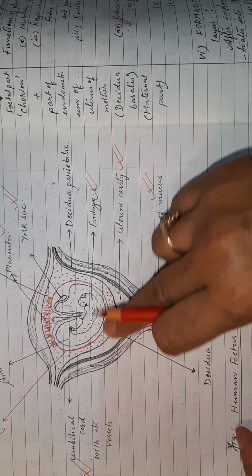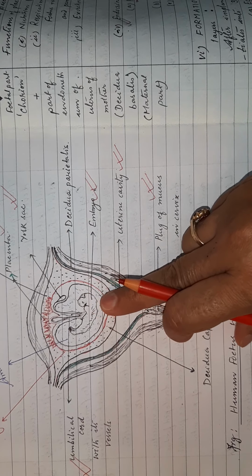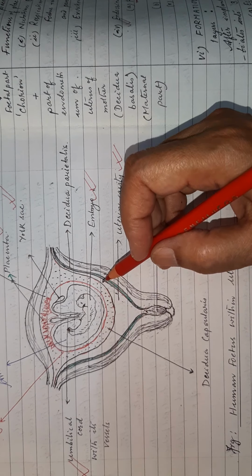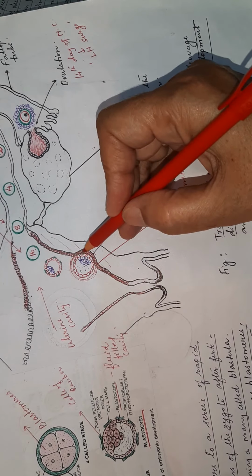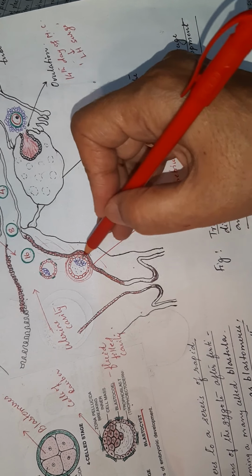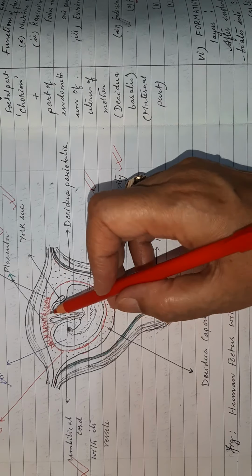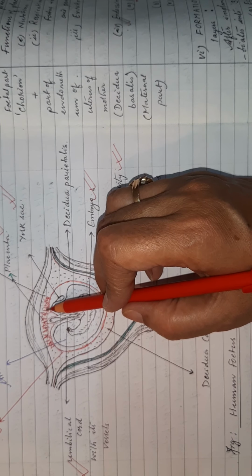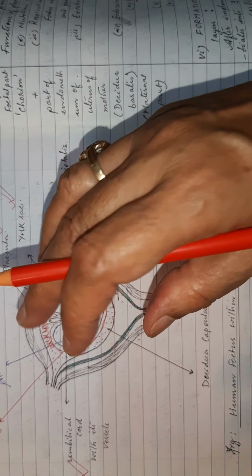So you can see here the fetus inside the womb. Now in this diagram, implantation was shown on this wall, but here you find the placenta is here. I told you very clearly that it is not specific.